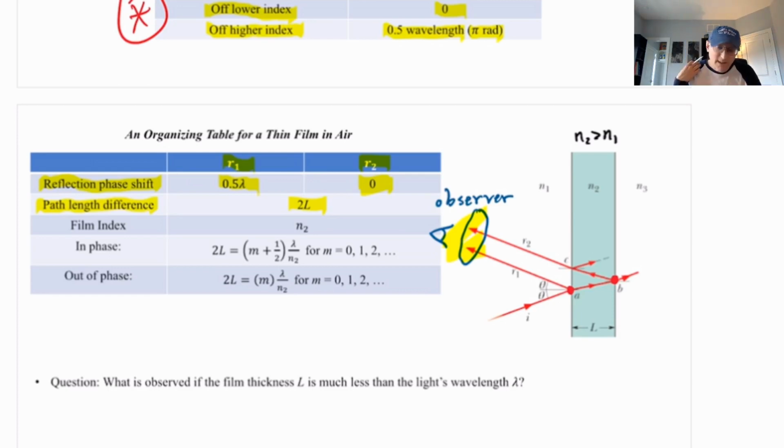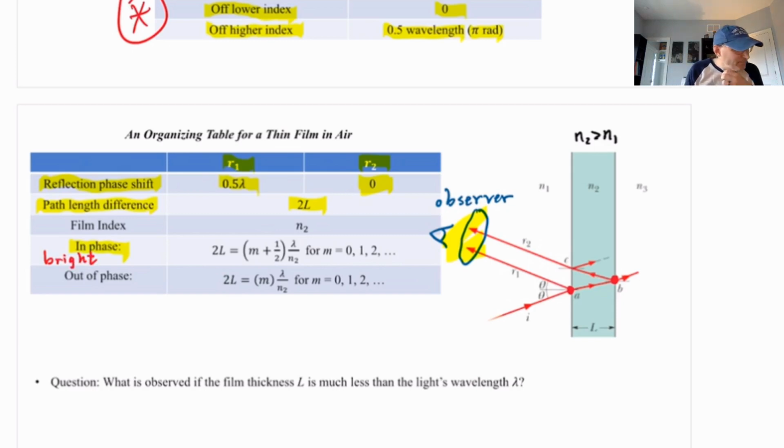All right, so let's think our way through what the condition will be for the two waves from the rays R1 and R2 when combined where the observer is to give us fully constructive interference, in phase situation, brightness.